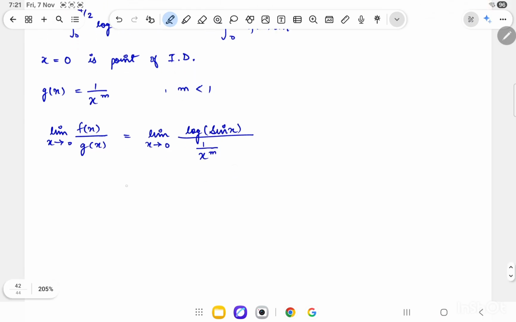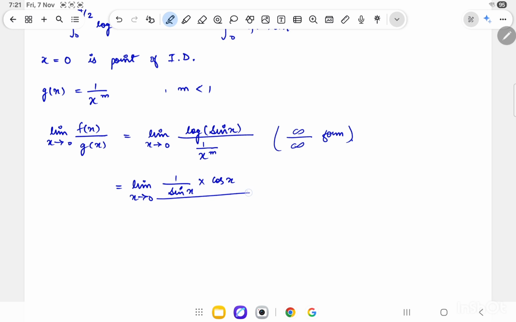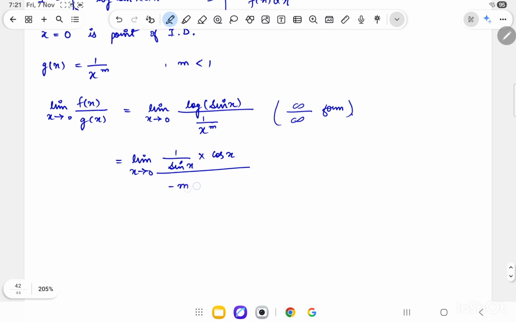If you observe, it is basically infinity upon infinity form. Evaluating this limit, it will be equal to the limit as x approaches 0 of 1 by sin x times cos x divided by minus m x raised minus m minus 1, which will be equal to minus 1 by m times the limit as x approaches 0 of x raised m plus 1 divided by tan x.